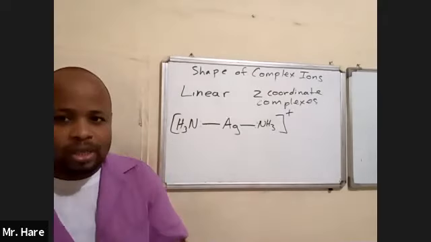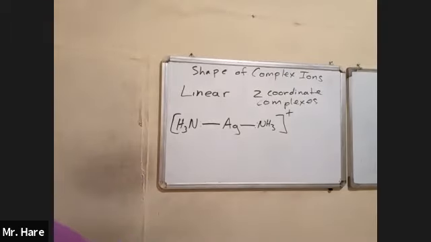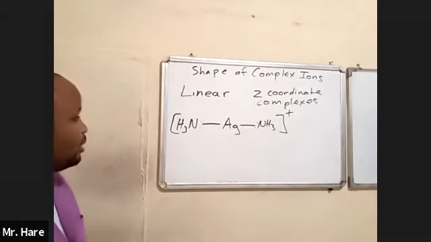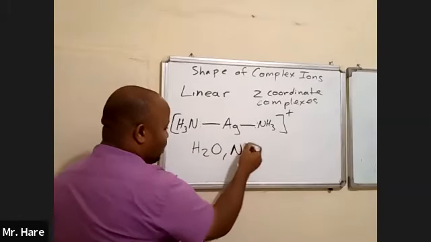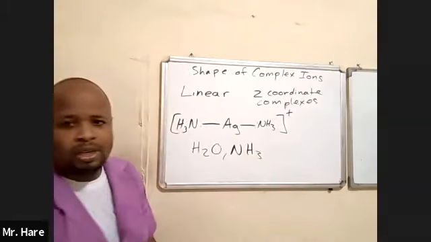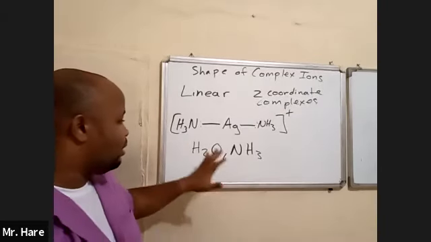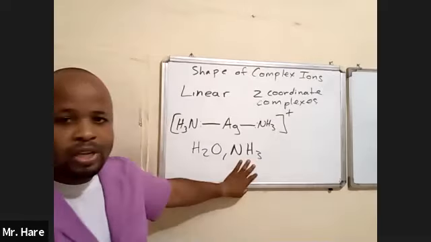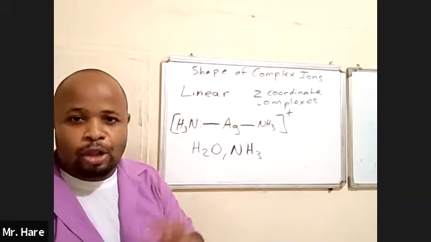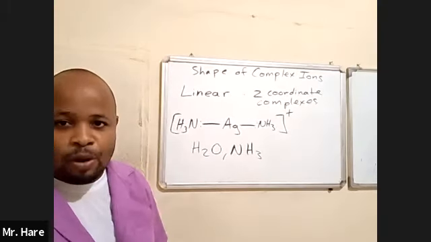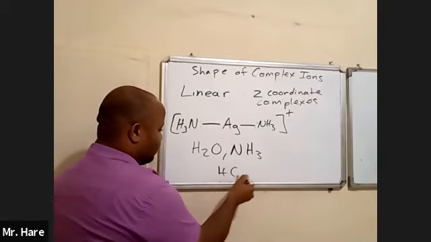So just remember water. Let me give you some examples of ligands. Simple ones, but just remember water and ammonia, these are small. So let's say you're asked to draw a complex with water or ammonia, you can use 6 of them. But chlorine, the chloride ion, is a bigger one, so you would use 4 chloride ions.